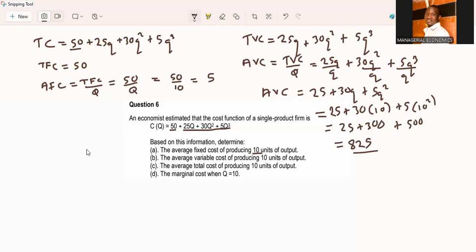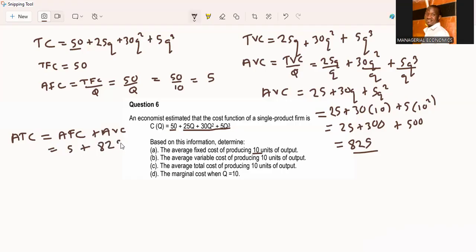So who remembers how do you find the average total cost? Simply combining the average fixed cost plus average variable cost. Average fixed cost was 5, and average variable cost was 825.